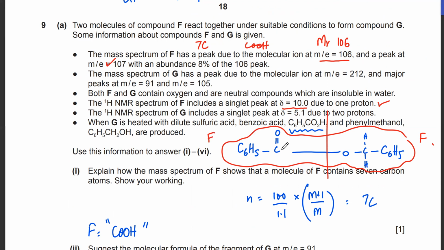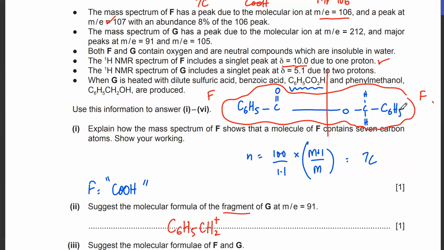Whatever treatment it went through, there are some similarities: there must be a C6H5 on both sides. That's a benzene. And there must be a C6H5 on this side as well, right? Let's ignore this at the moment.